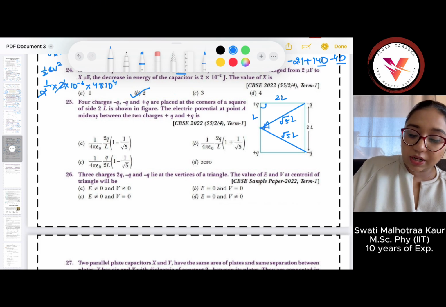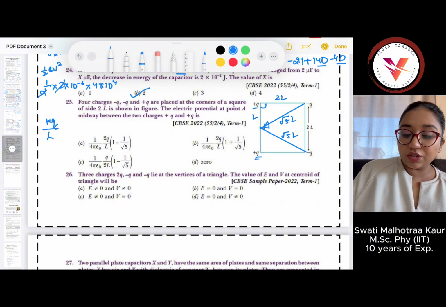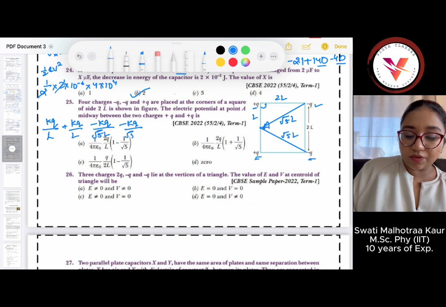Then total potential at point A, first because of this plus Q is KQ by L. Then because of this plus Q is again KQ by L. Then because of this minus Q is minus KQ by root 5L. And because of this is minus KQ by root 5L. So it becomes 2KQ by L minus 2KQ by root 5L.